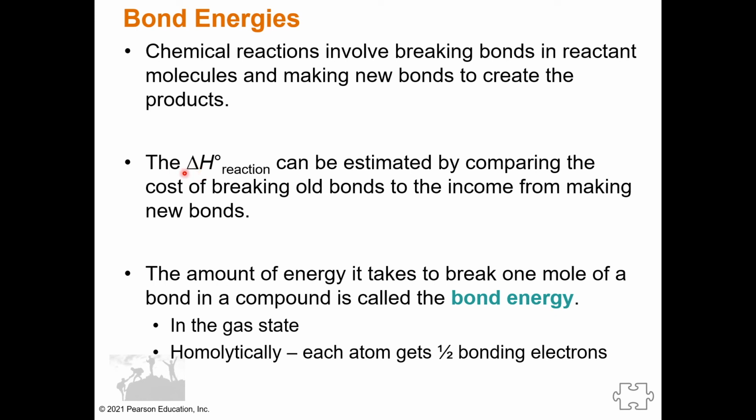And what you have to realize is, again, it takes energy to break a bond, so that is an endothermic reaction. But remember that in forming a bond, that is an exothermic reaction. Forming bonds would lower the potential energy, and so that's why energy is released.